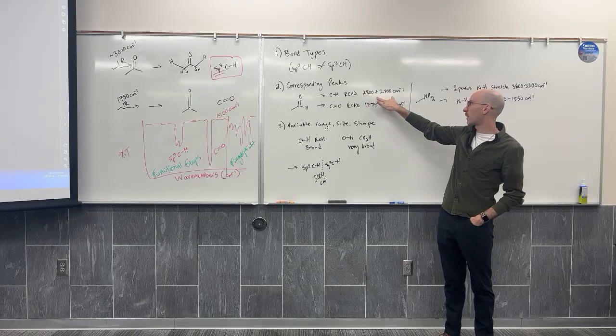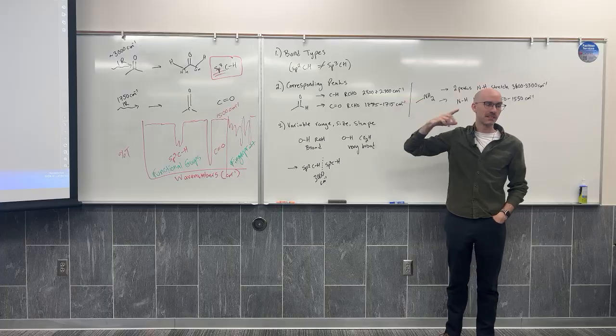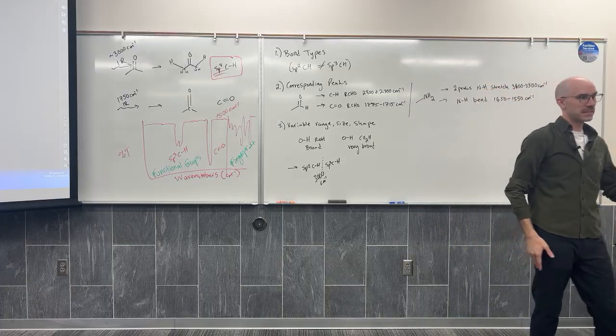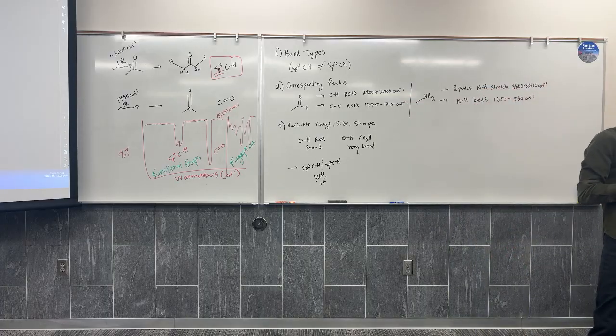But to shift to 2700 and 2600, those must just be different. That's a different bond absorbing it. IR will never give you structure, just glimpses at bond types that are present.